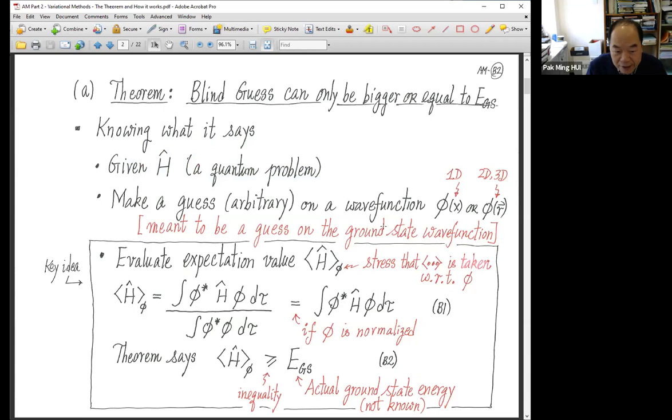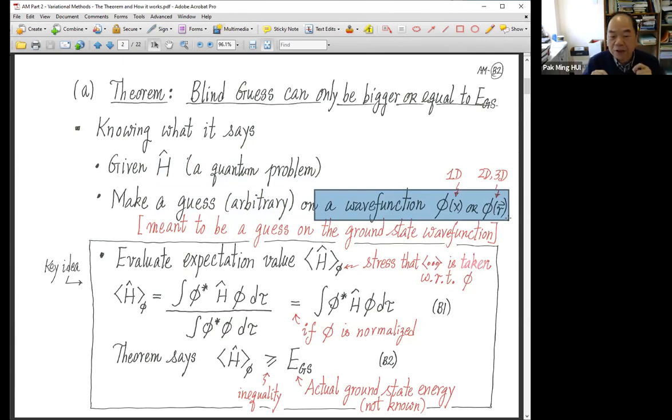Then the theorem says, make an arbitrary guess. Really a guess, you just try whatever you want on a wave function that you think may be a good guess of the ground state wave function, the form of it.